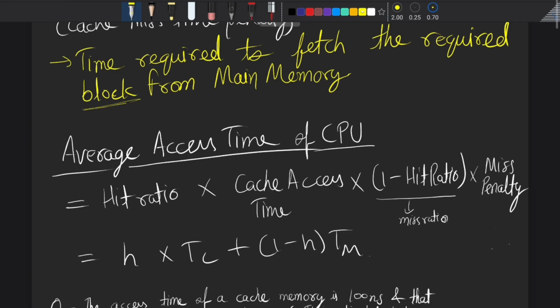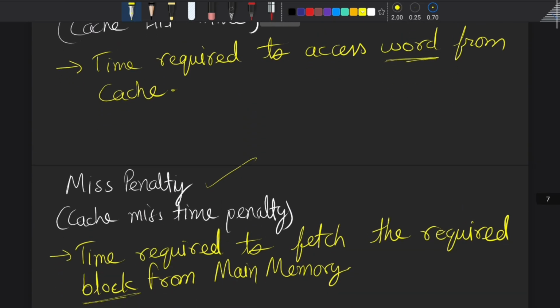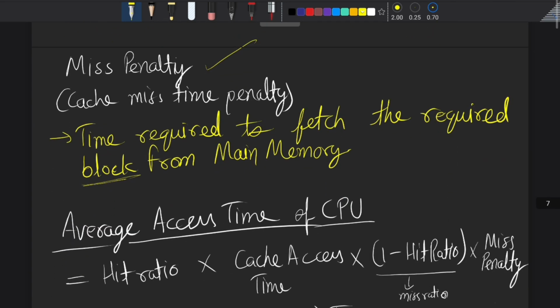As we have seen, the CPU either finds the data inside the cache and fetches it in the form of words, or the data is not present in cache and then it has to look for the data in the main memory, and when it finds it, it makes a copy of the data in cache and then fetches it and processes it. So this average access time is the time taken by the CPU to access the data in this whole process.